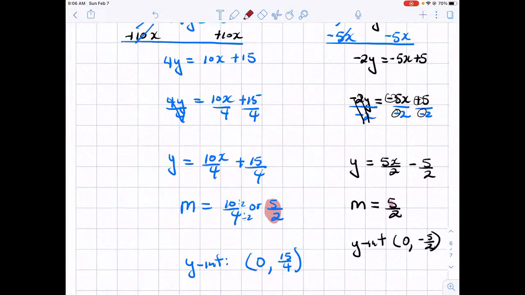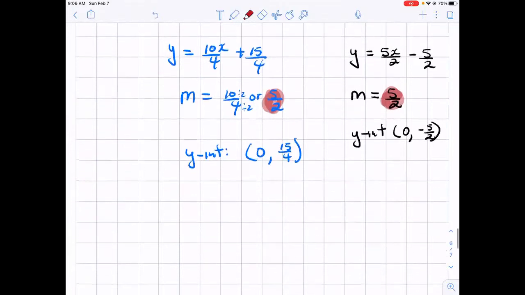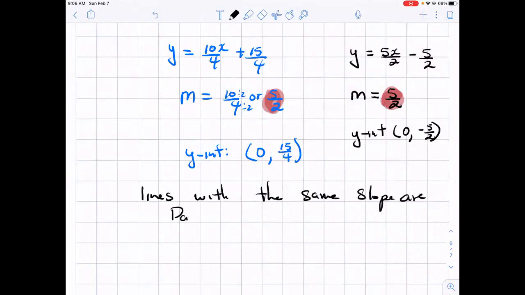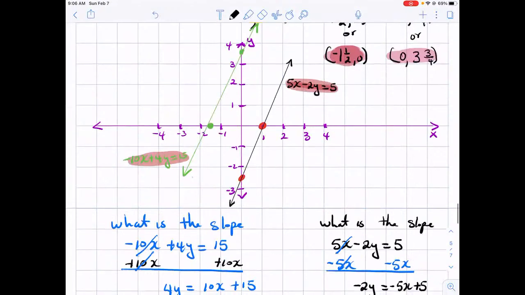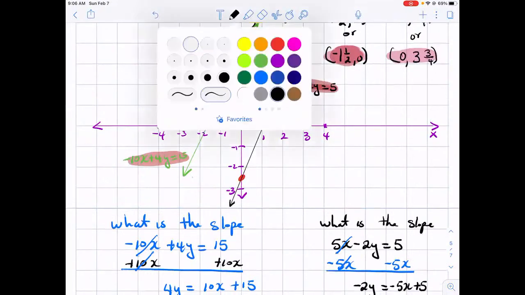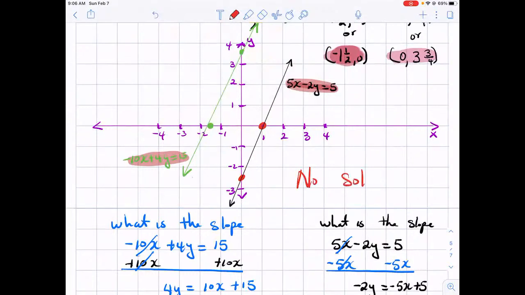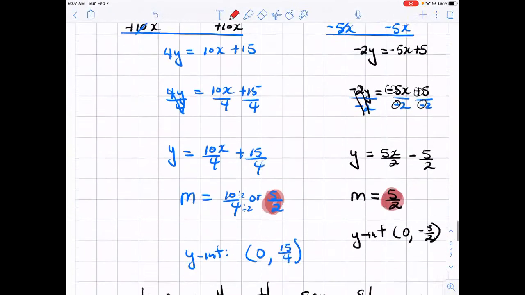So clearly you will see that this slope and this slope are the same. And since they have the same slope, lines with the same slope are parallel. They are parallel. So if they're parallel, what you have just confirmed is that this problem has no solution.